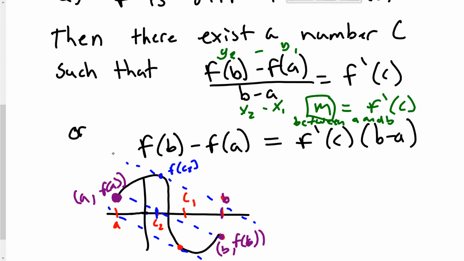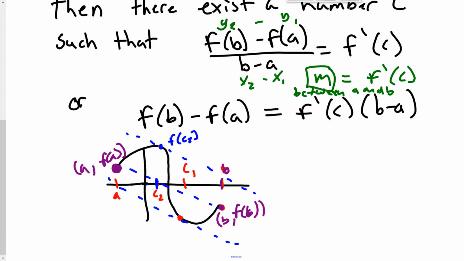That equation for a tangent line at that c value will have the same slope. It'll have the same slope between the points a and b. So hopefully that makes sense.